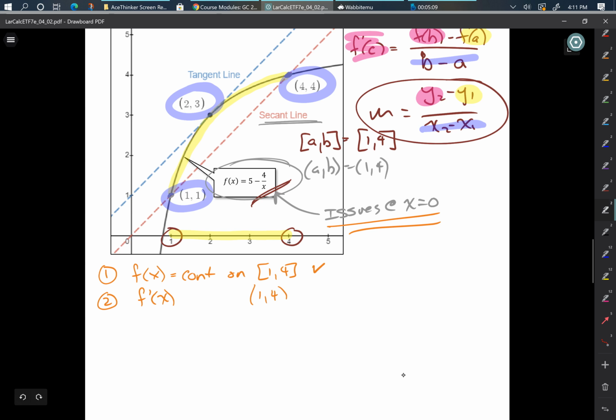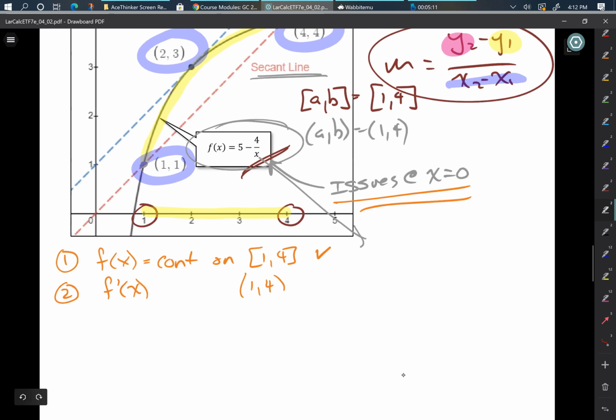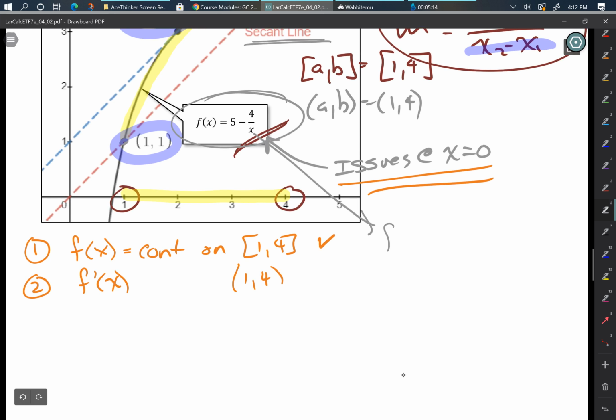If this is my function f, what would f prime look like? Let's see. What I'm really seeing is that f of x is 5 minus 4x to the negative 1.